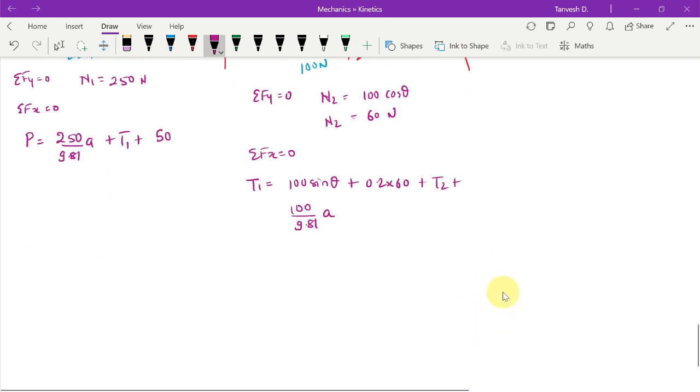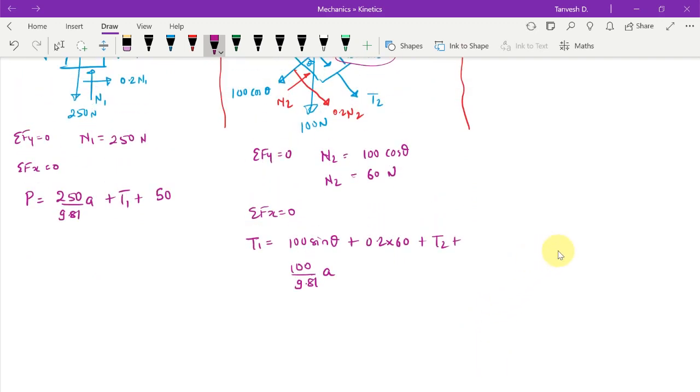So again here we have around 3 unknowns, right? There are 3 unknowns here. So let me further simplify this.